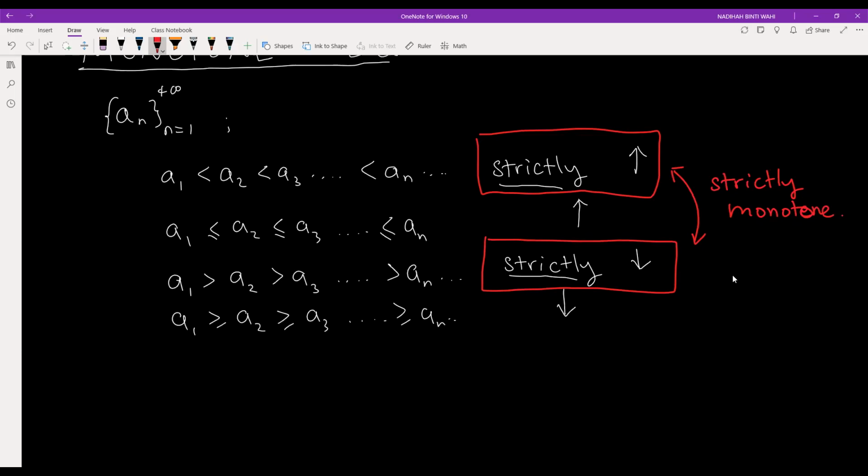It doesn't specify whether it is decreasing or increasing, but it is only in one direction. Same thing for these two, increasing or decreasing, you can refer to them as monotone. So this is just terminology.